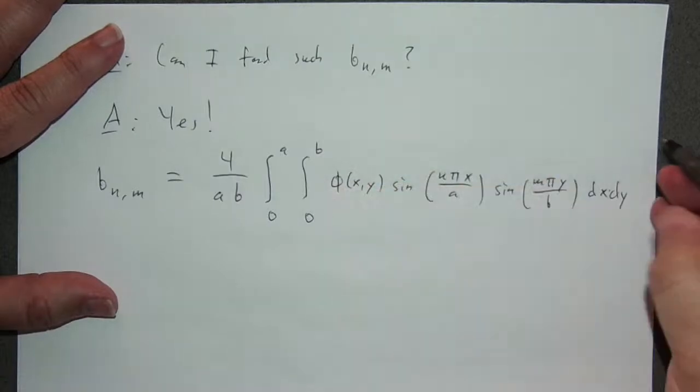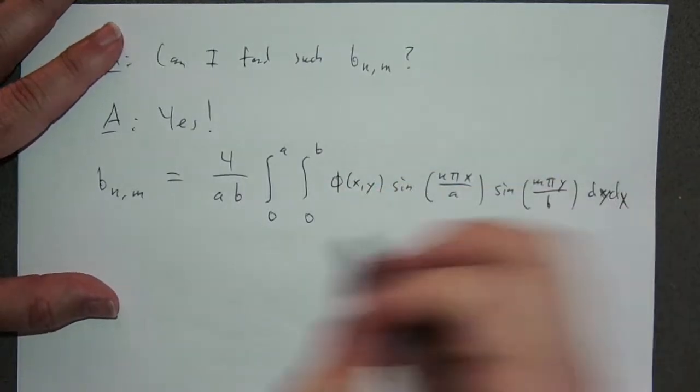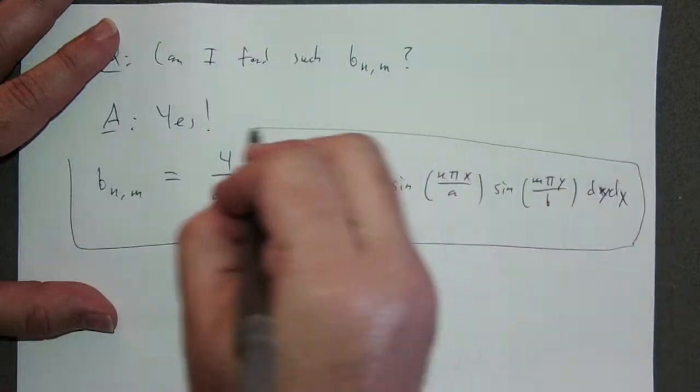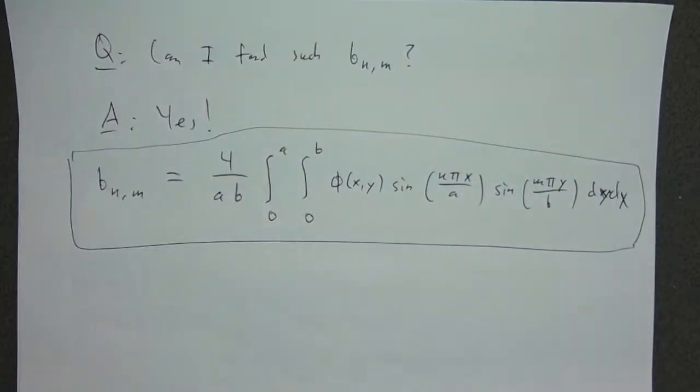Actually, this is dy, so this would be dy dx. Okay.